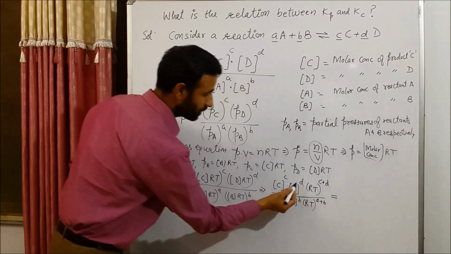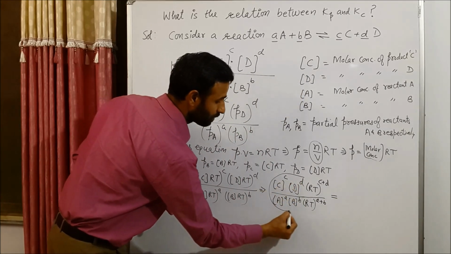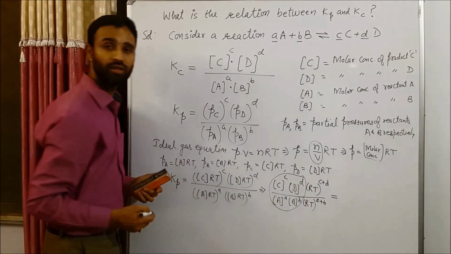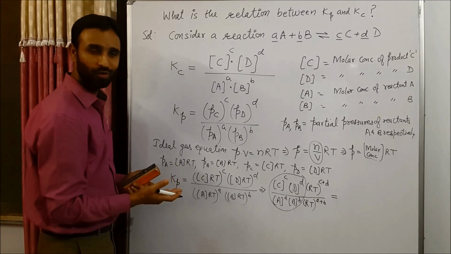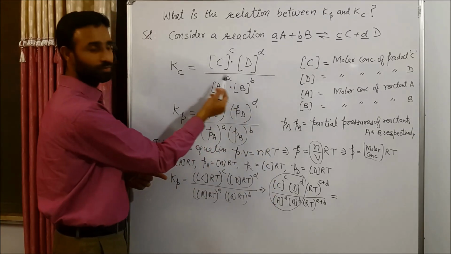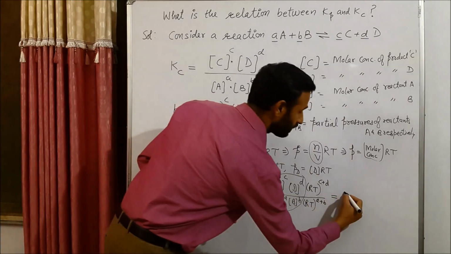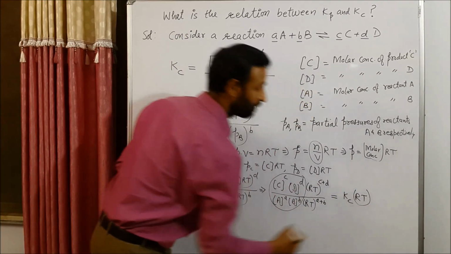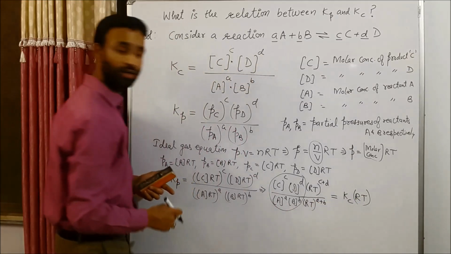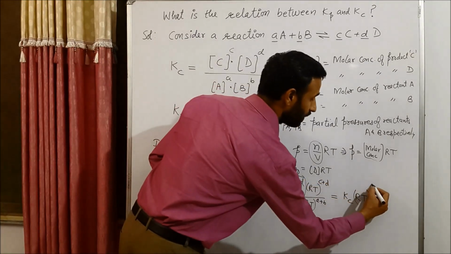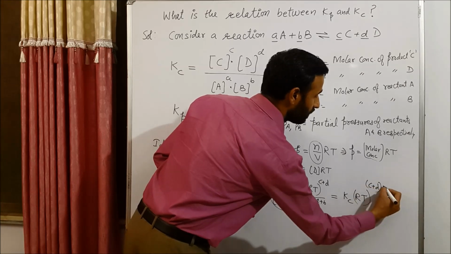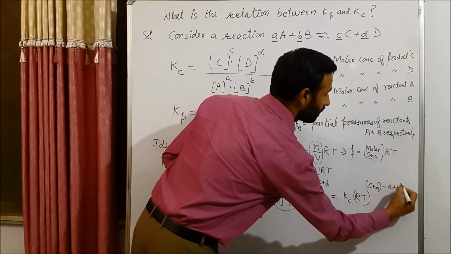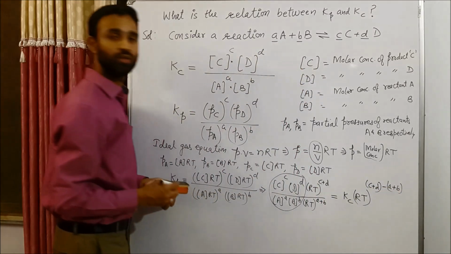So tell me, what is this? This whole thing is, tell me, this whole thing is Kc. So Kc into RT raised to power c plus d minus a plus b.